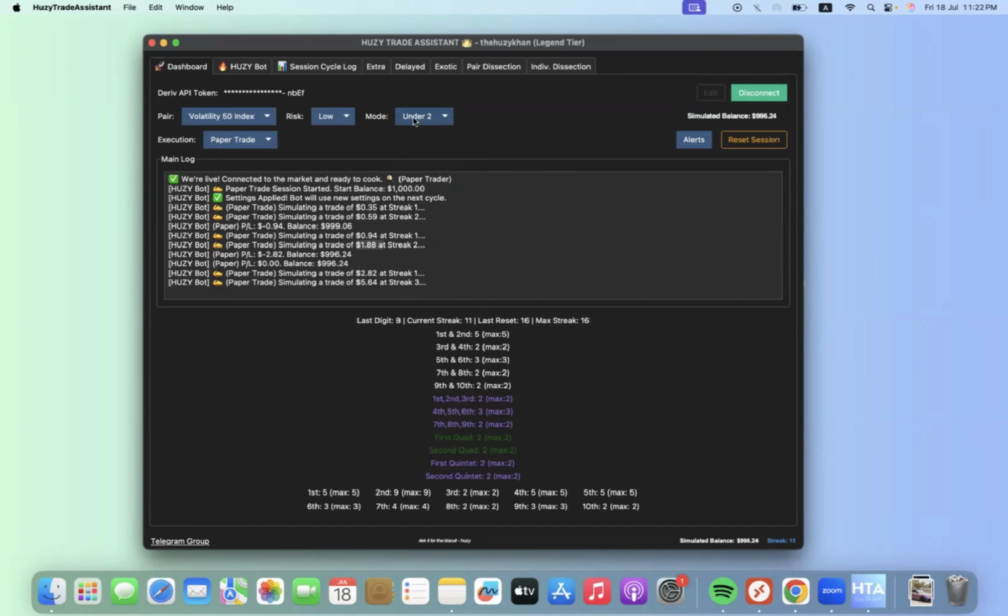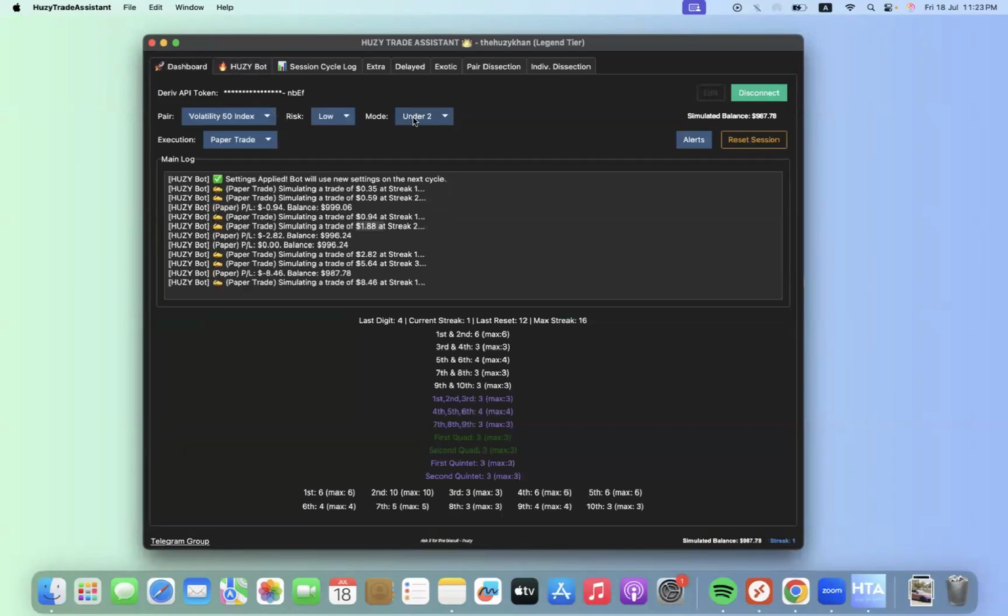So for you to execute trades at a multiplier set at 2 for under 2 execution modes, of course, you're going to be risking more money. You need to take that huge profit margin into account, that not only are you going to be recovering, but you're making 372% on top of it.